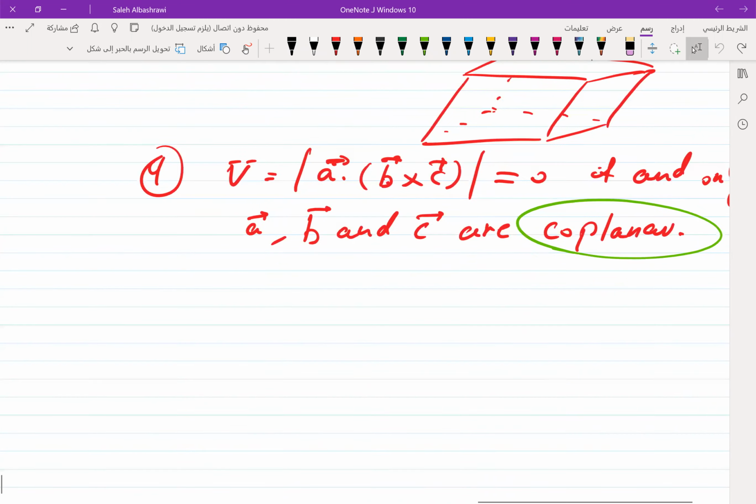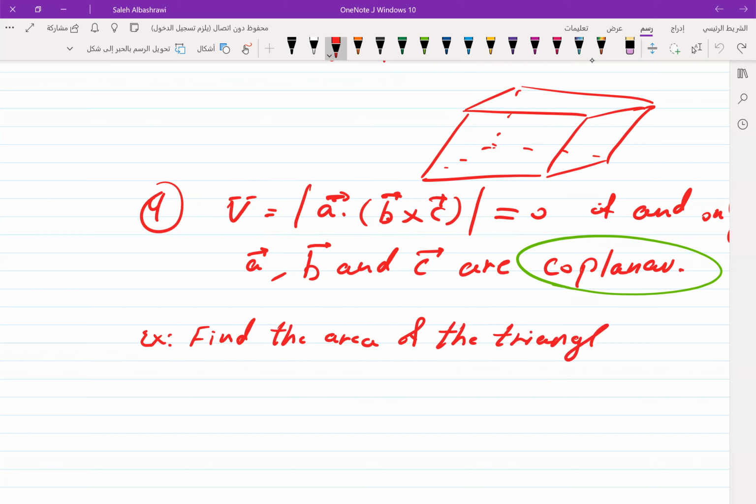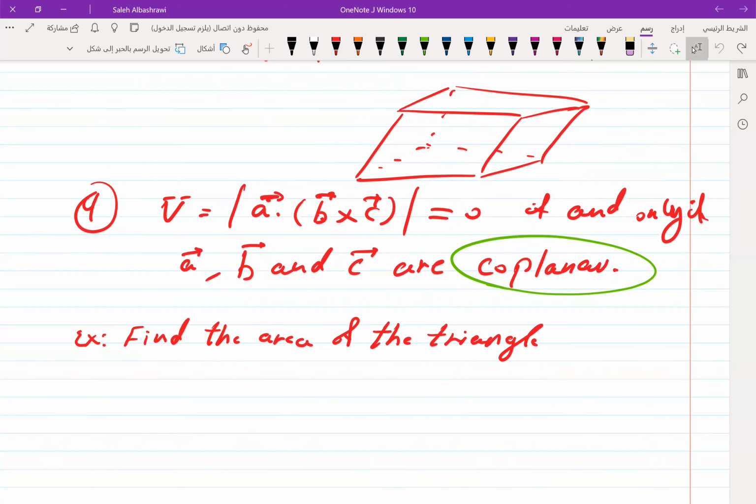First example of today: let's find the area of the triangle determined by the given points.